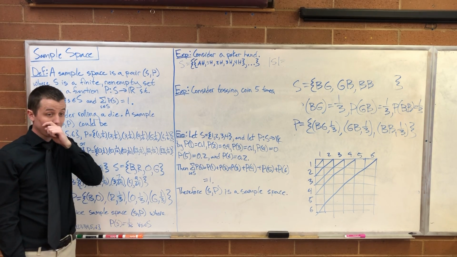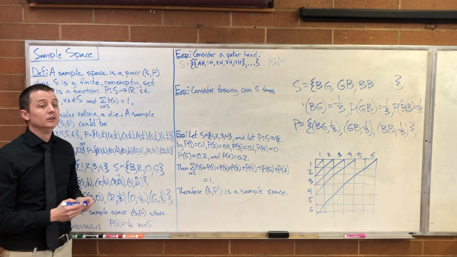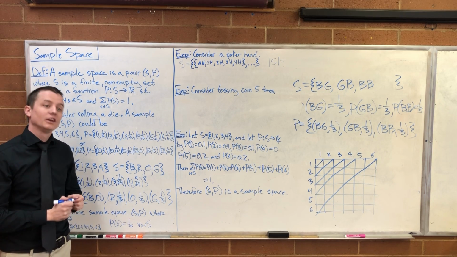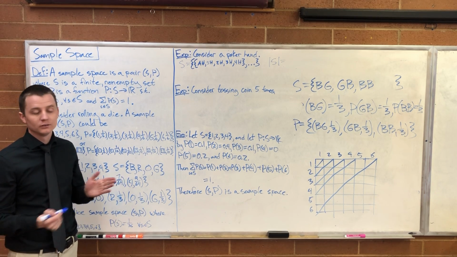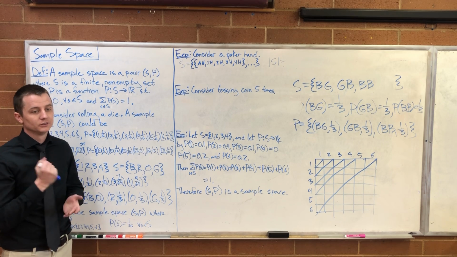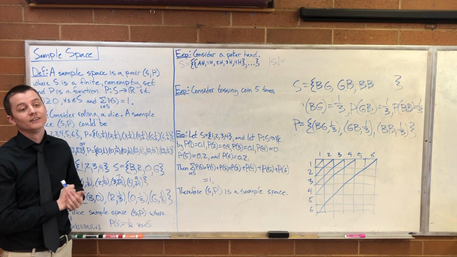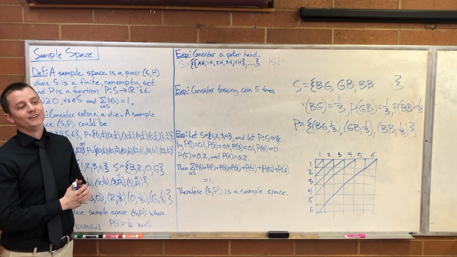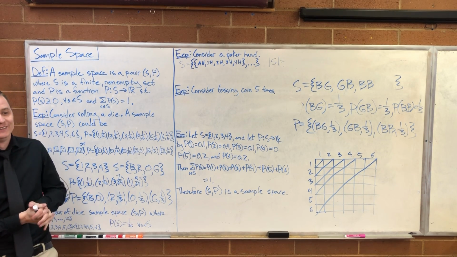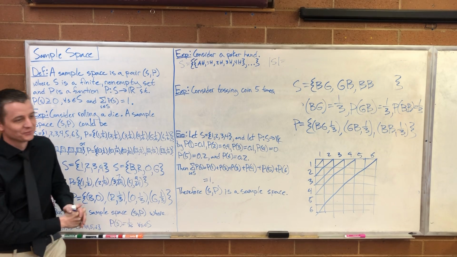How many cards are in a deck? 52. How many 5 element subsets can I make from a 52 element set? Just 52 times 5, right? No, not even close. No, it's 52 times 51 times 50 times 49 times 48.